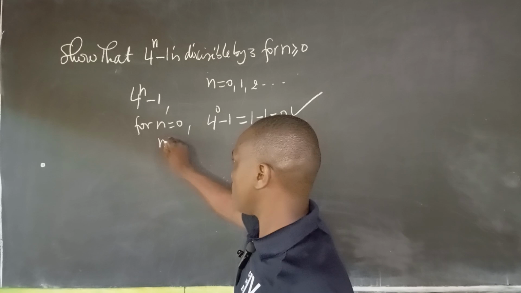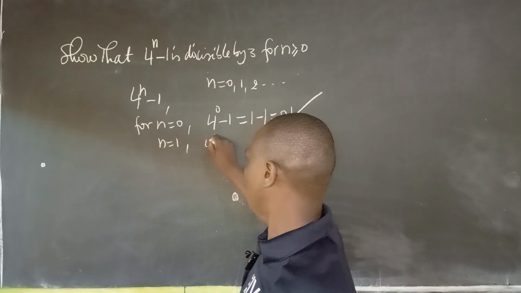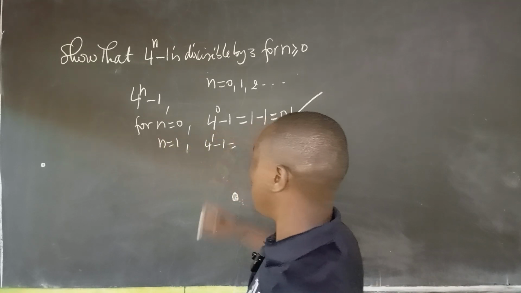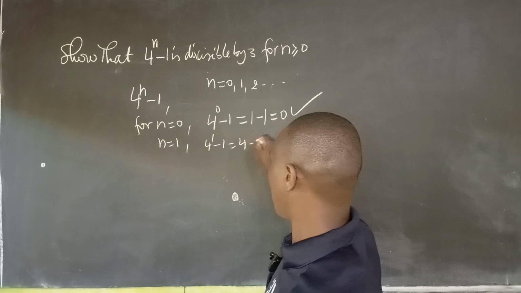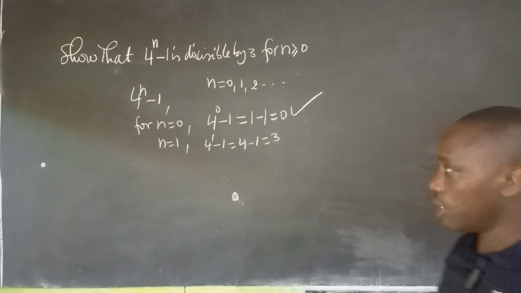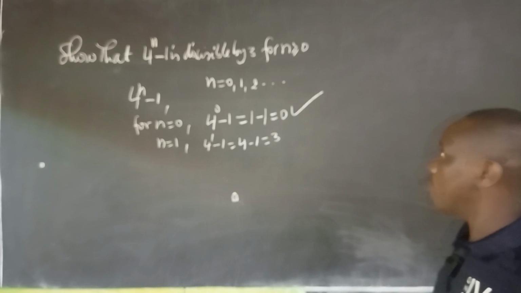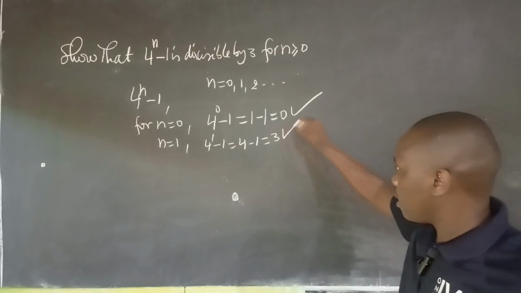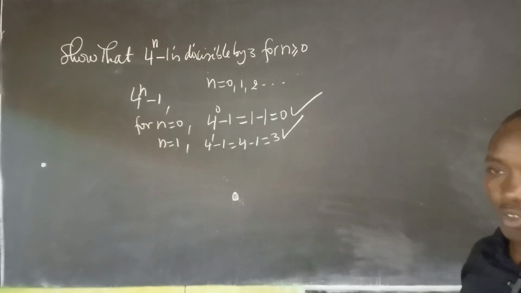For n equal to 1, we have 4 power 1 minus 1, which is 4 minus 1. This is equal to 3, and 3 is also divisible by 3. This is also verified.